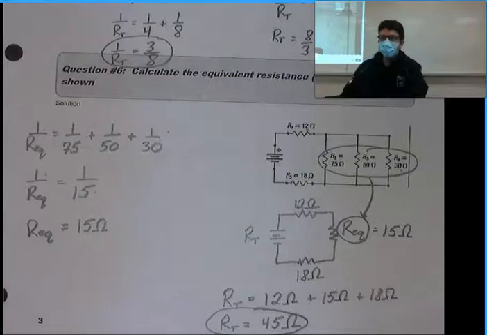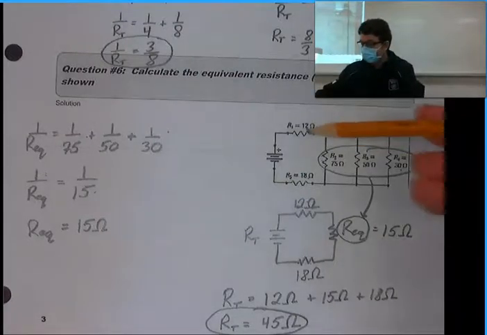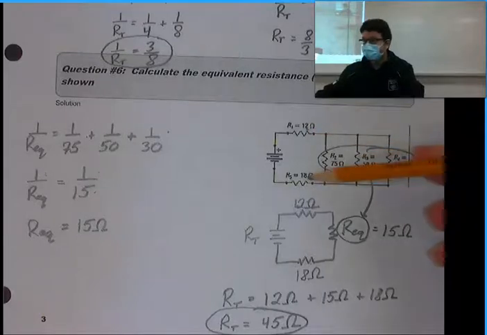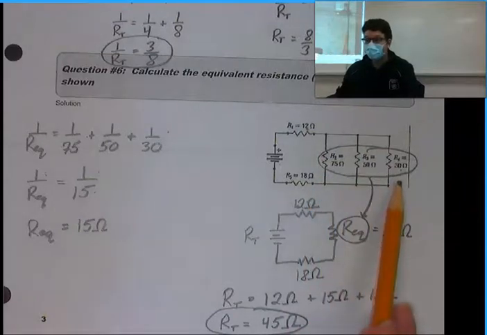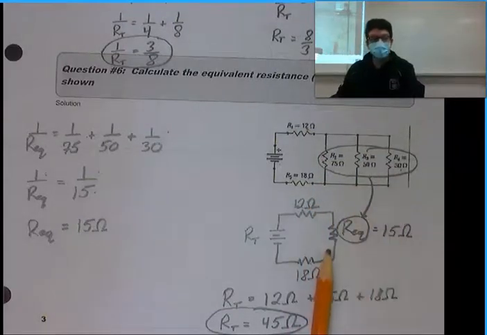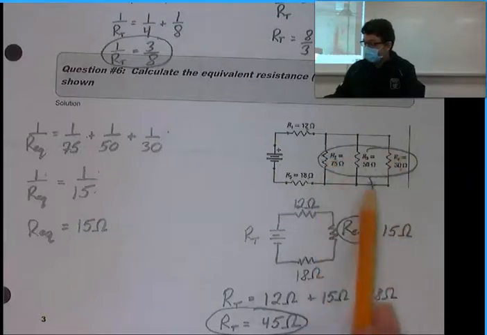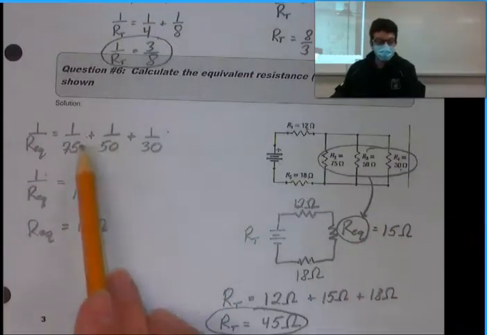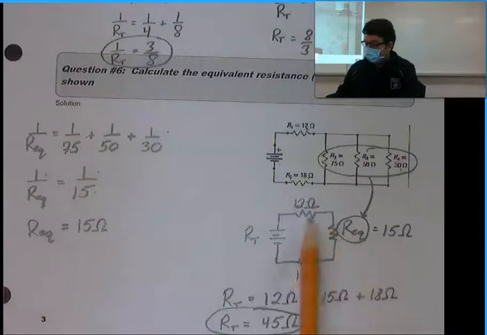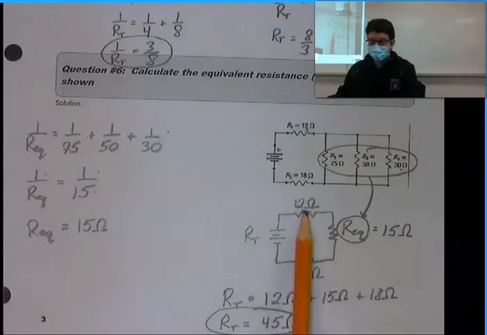All right, so let me just recap this question because we're going to do lots of questions like this. Whenever you have a complicated mixed circuit, what you're going to do is look for areas where you can simplify it into a nice simple circuit that you can solve. Once you've simplified this into an equivalent resistance using the laws that we learned, then you have a simple circuit where I can just add those resistances to get my total resistance.